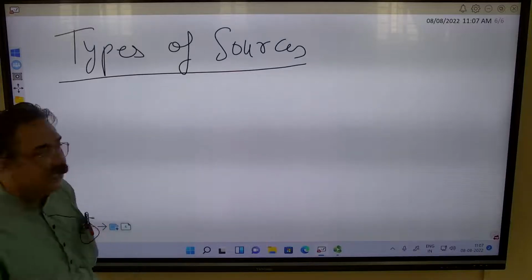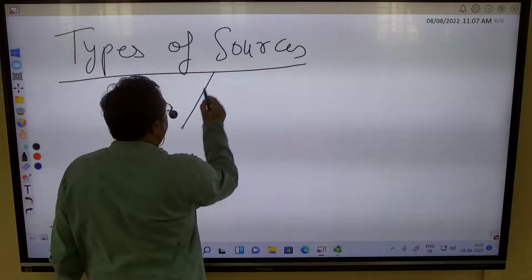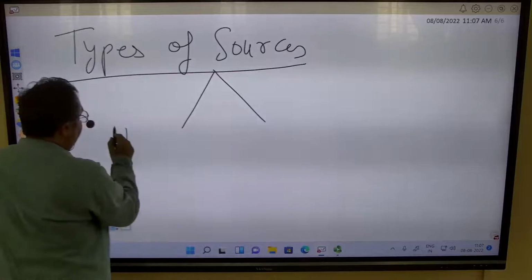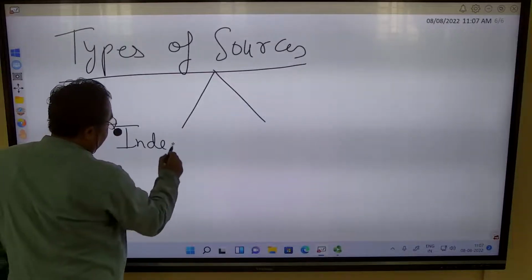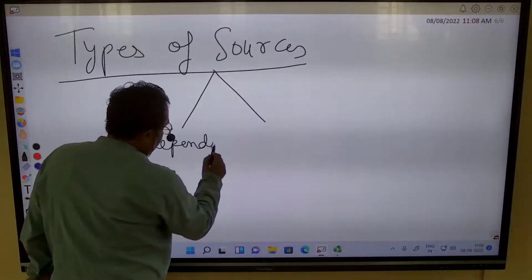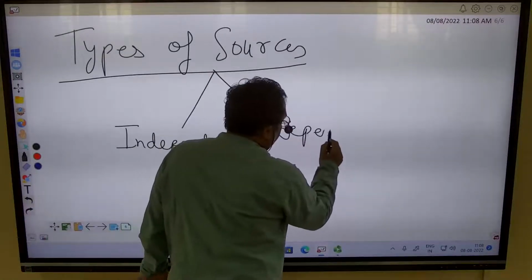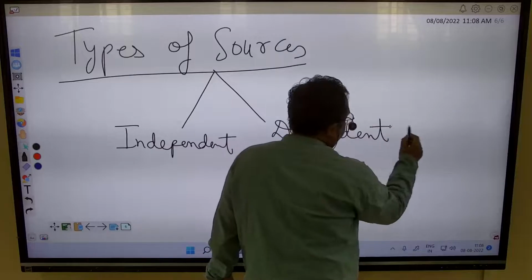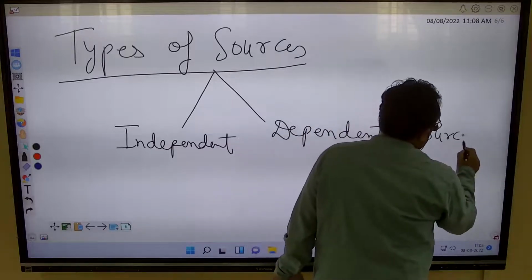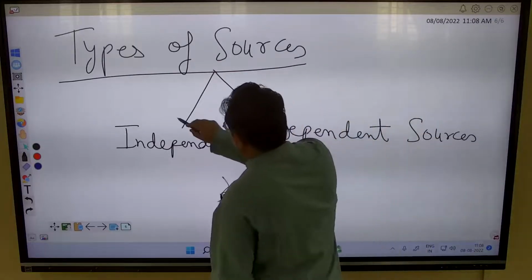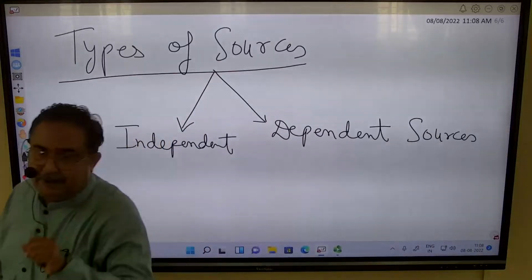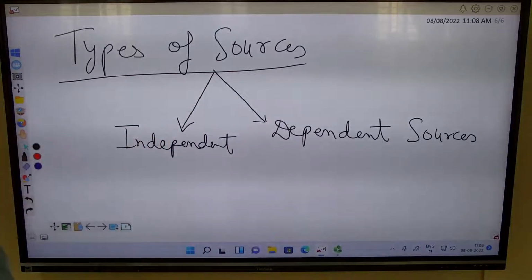Broadly we classify them into two forms: independent sources and dependent sources. Clear? What are independent sources? What are dependent sources? That we will discuss.